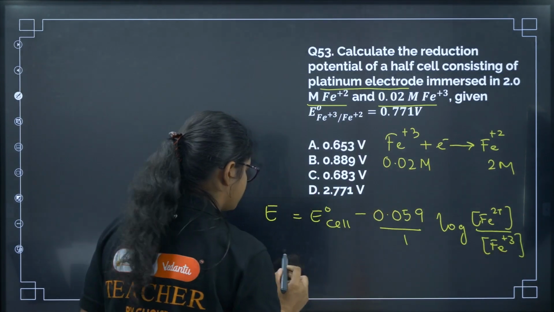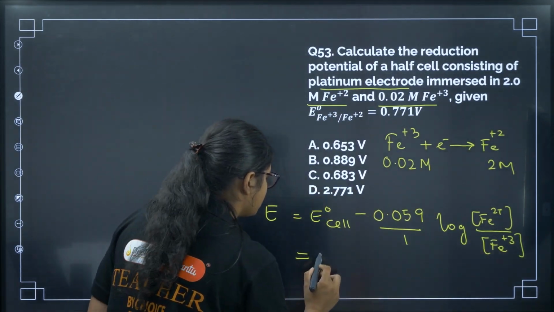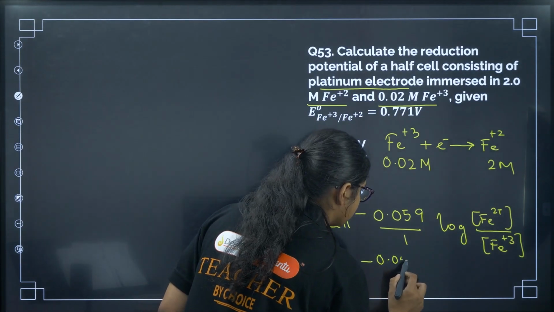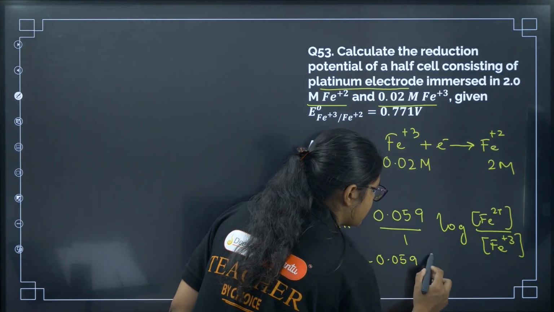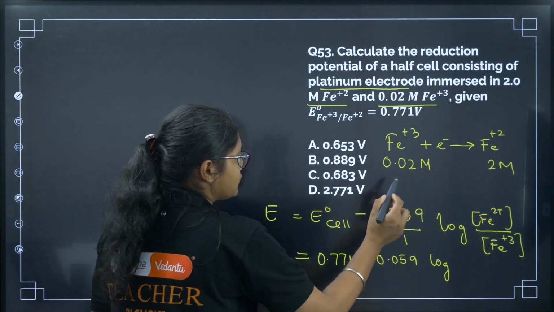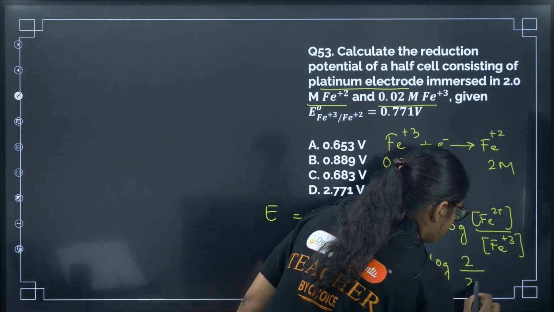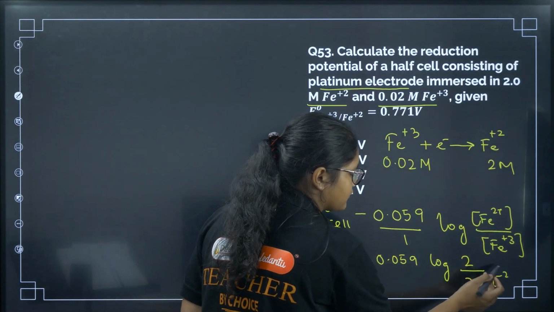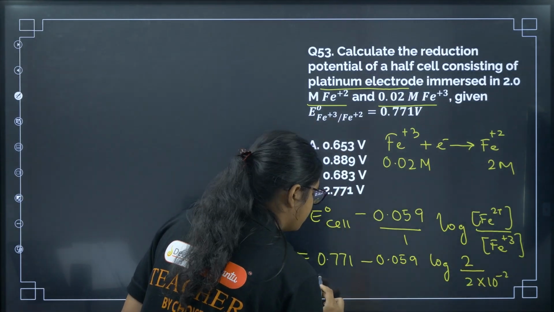Substituting the values, E naught is 0.771 minus 0.059 log of 2 by 2 into 10 to the power of minus 2. So this one will go up, and we get 10 to the power of 2.